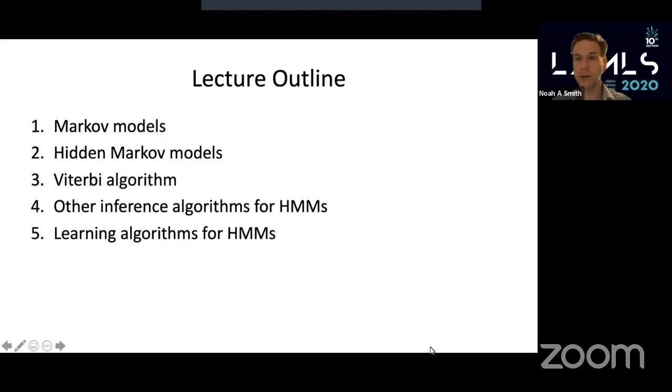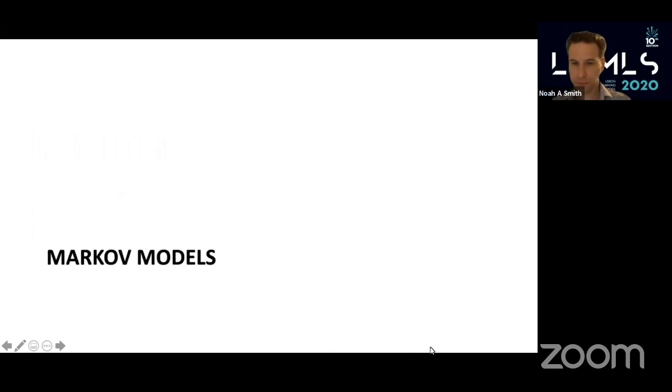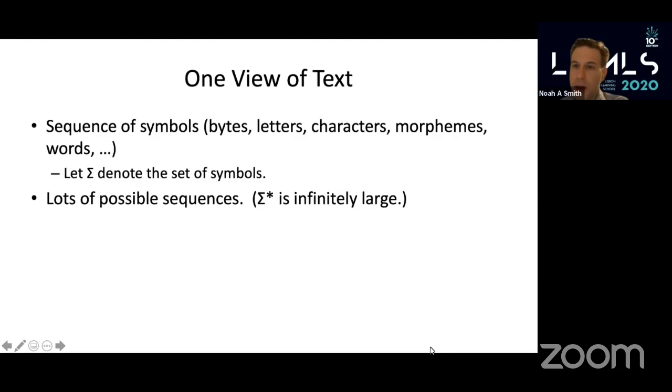It's called the Viterbi algorithm, and we'll spend some time on that. But it's not the only one. So we'll also discuss several other inference algorithms that are used with hidden Markov models. And finally, we'll talk about learning. This lecture is going to be segmented into, I think, 6 parts, each about a half an hour long, give or take. Okay, so diving in, Markov models.